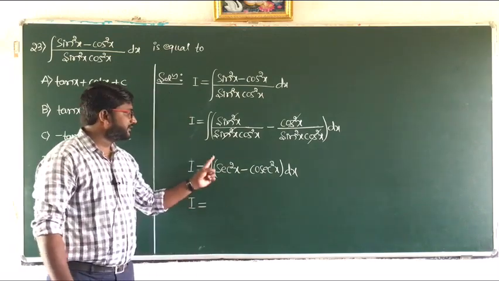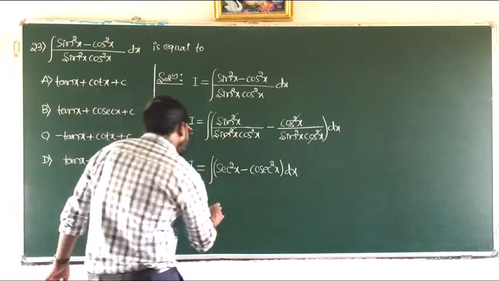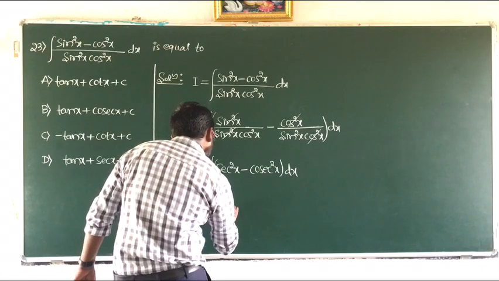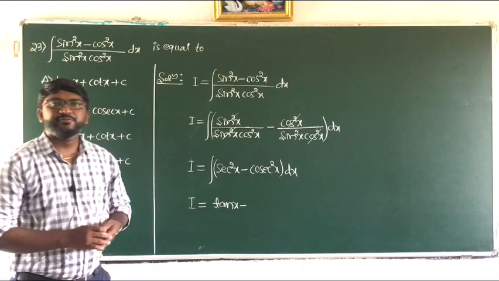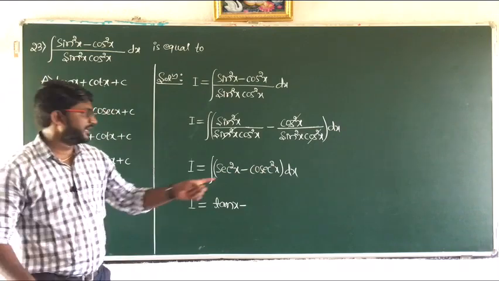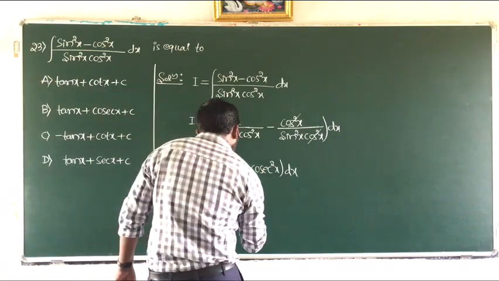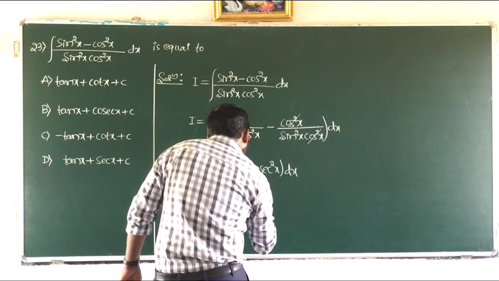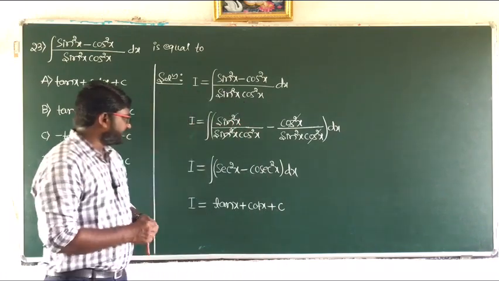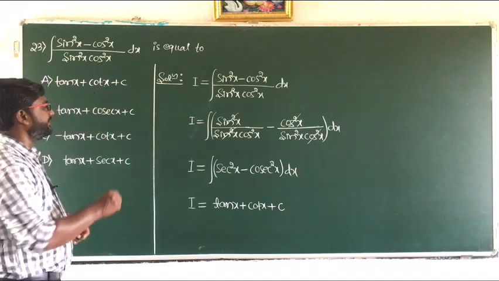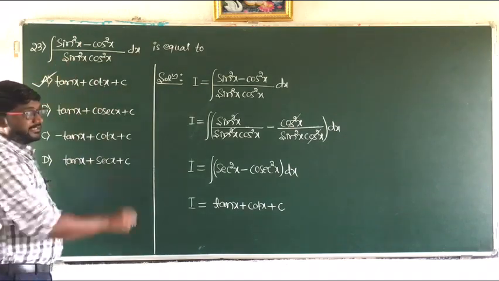What is the integration of secant square x? It is tan x minus integration of cosecant square x will be minus cot x, minus into minus will be plus, we get cot x plus c. So this is the required answer. So search for the options now. It is the option A.